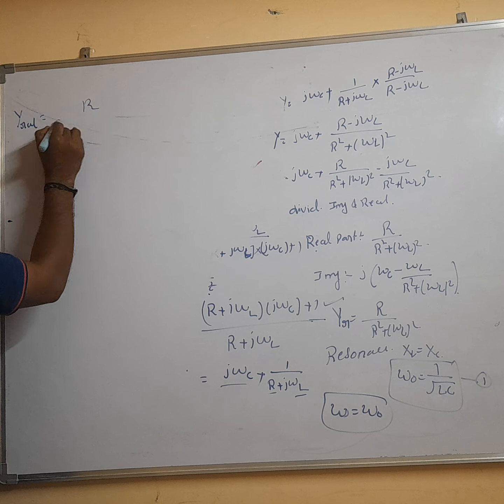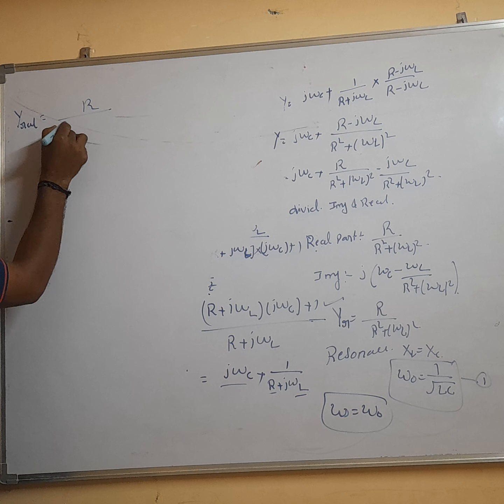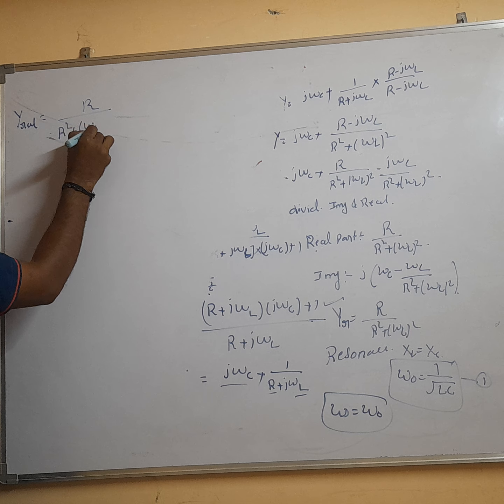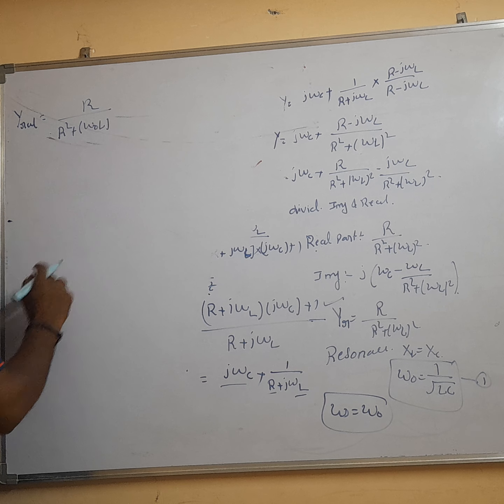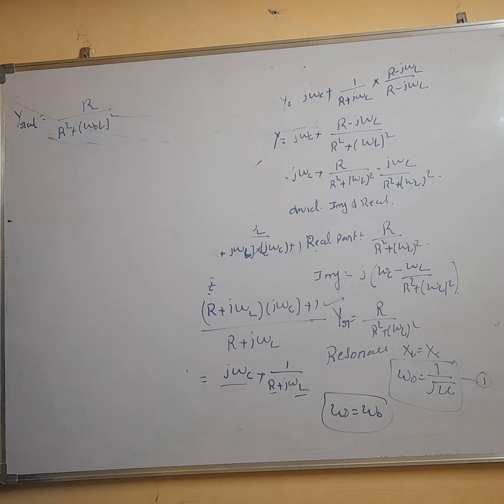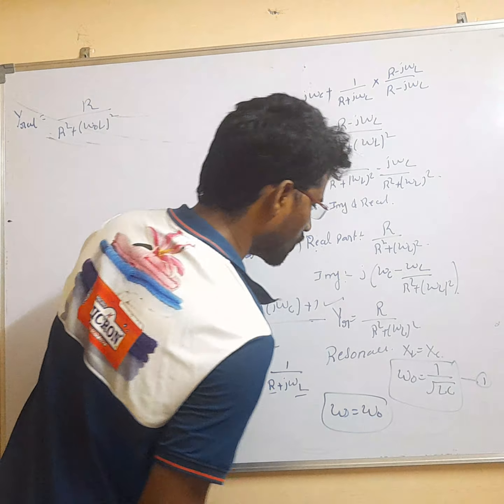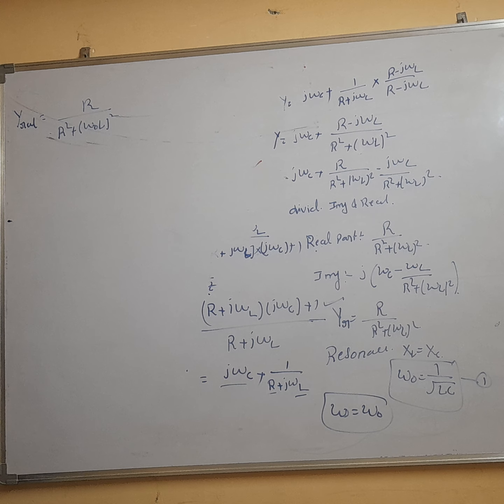So R by R square plus omega naught L whole square. What is omega naught? Omega naught is equal to 1 by under root of LC. So this is the complete admittance formula.